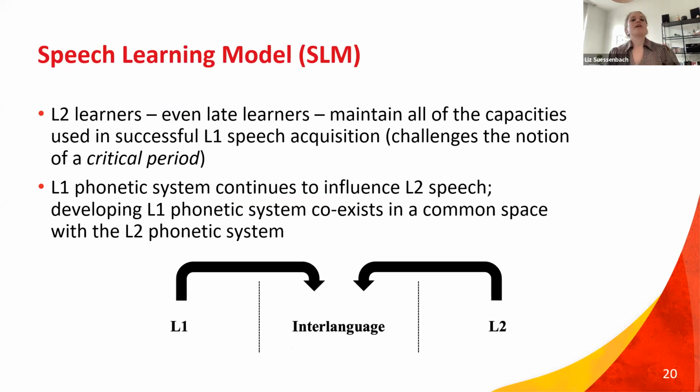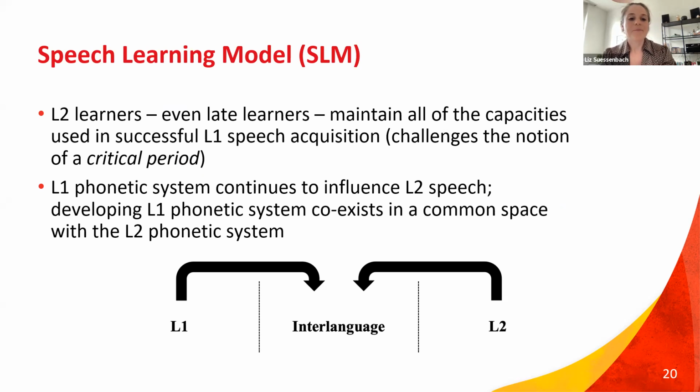So contrary to what was hypothesized in the critical period hypothesis, that after you hit a certain age, it's impossible to acquire a second language, Flege says that even late learners maintain all the capacities used in successful L1 speech acquisition and can transfer that to L2 speech acquisition as well.